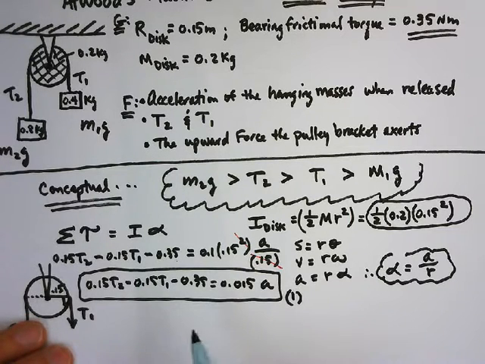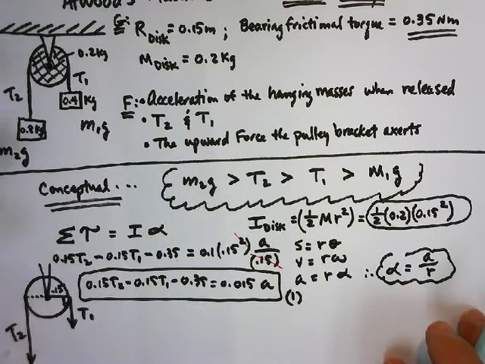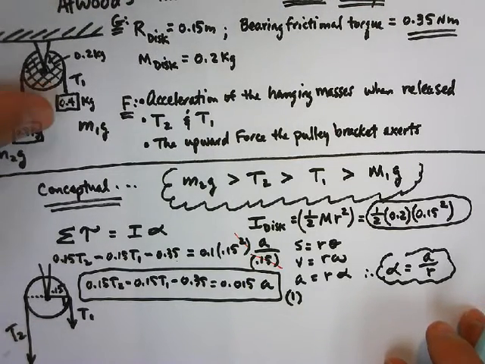Okay, so far so good, but we have 3 unknowns. So we're going to need a couple more equations in order to solve for those 3 unknowns. Okay? So far so good?